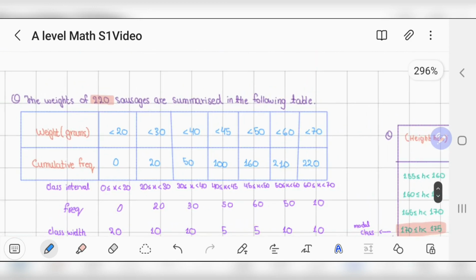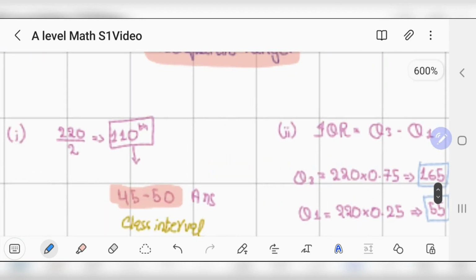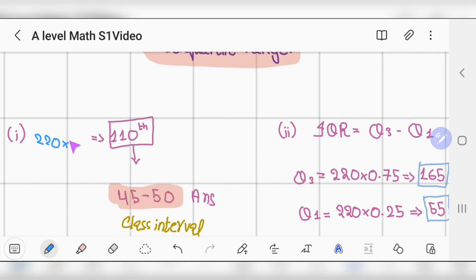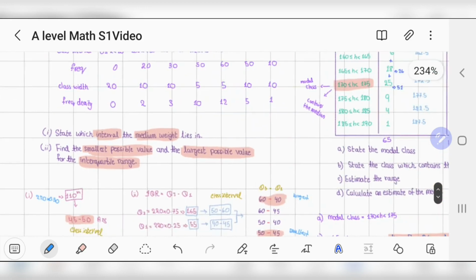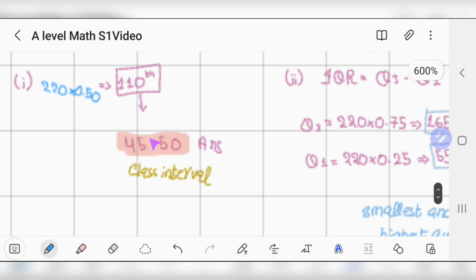We have the class interval and we need to find the median. Then we will always try to multiply this by 0.50 in order to find the median, because we are making an estimate. We don't know, for example, in this interval where the median is, so we need to make an estimate.